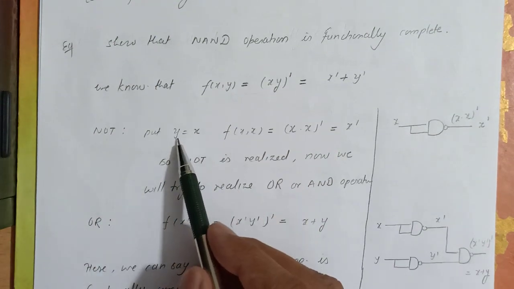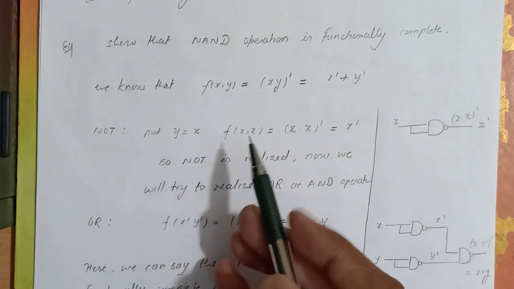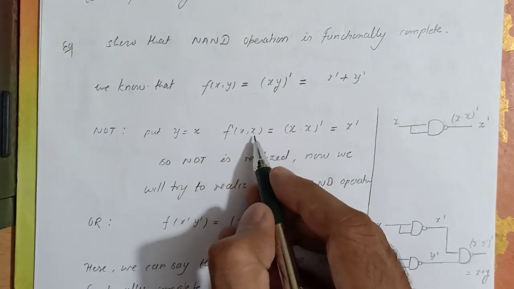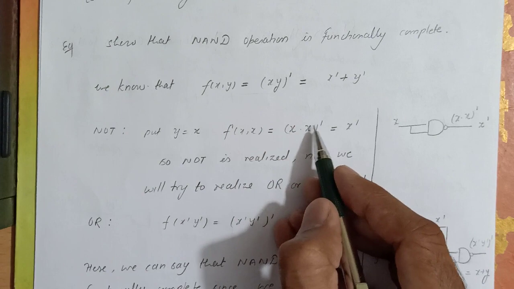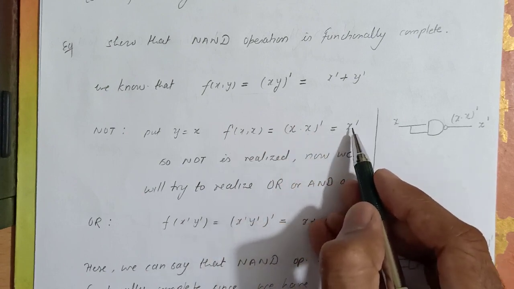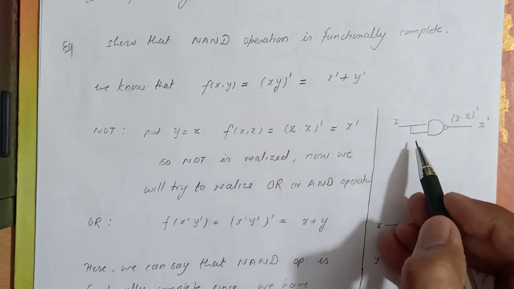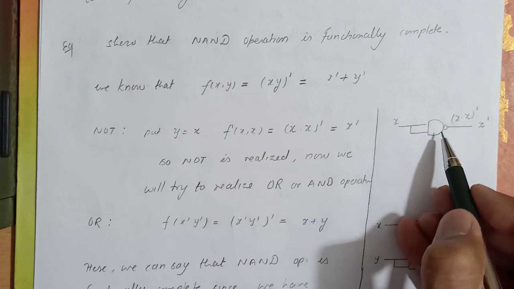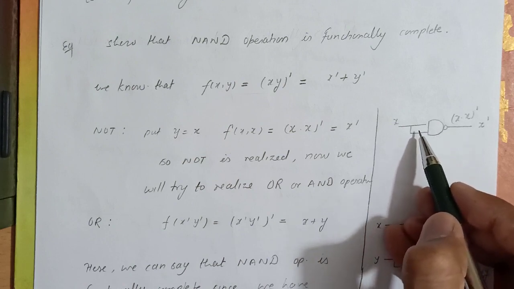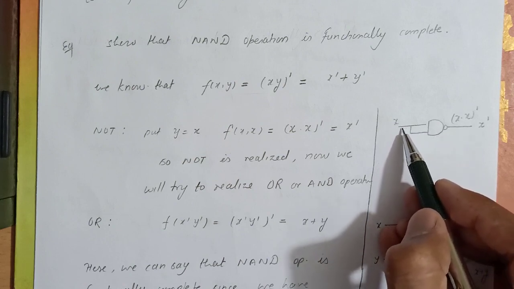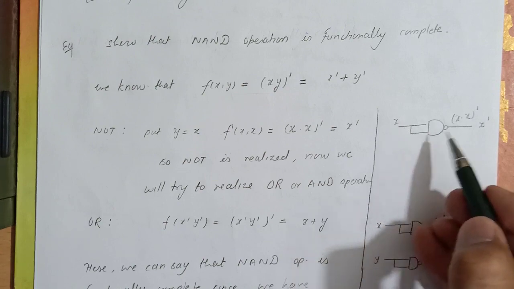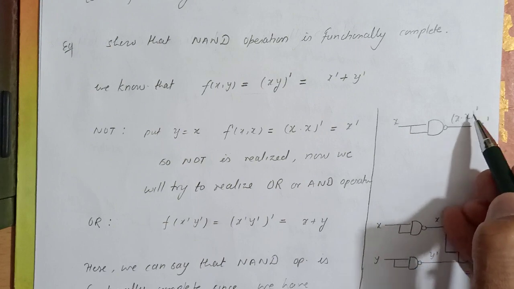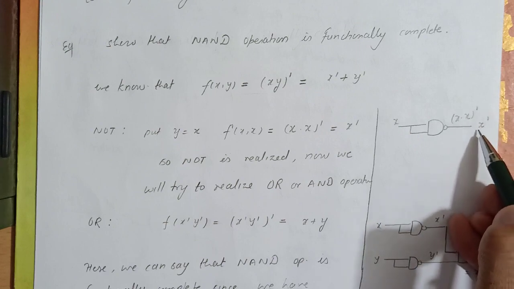If we put y equal to x, then f of x equals (x dot x) complement, which is basically x complement. So this is the logic circuit diagram. If we are given a NAND gate and apply both inputs as the same, we get (x dot x) complement, which is nothing but x complement.